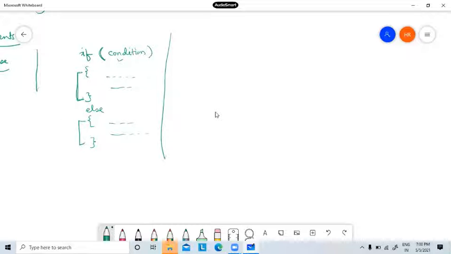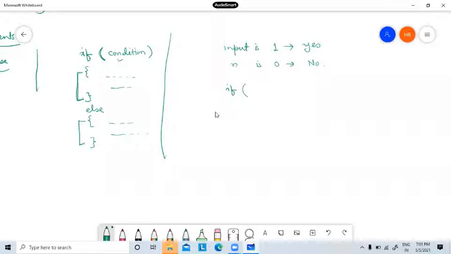Suppose I am taking it like this. If your input is say 1, you will print yes, and if your input is say 0, you will print no. So I will write it like this.